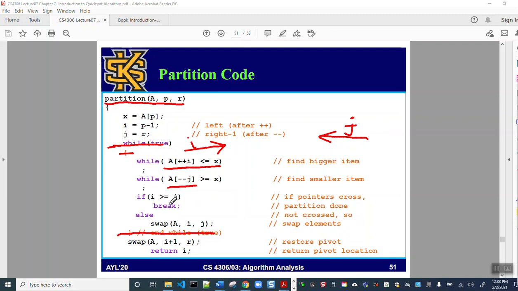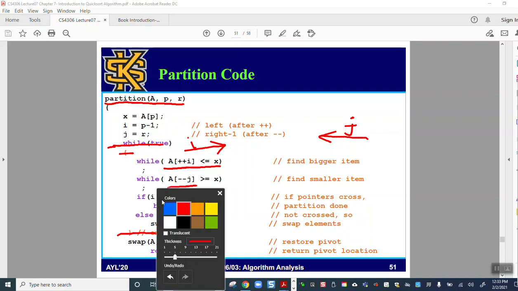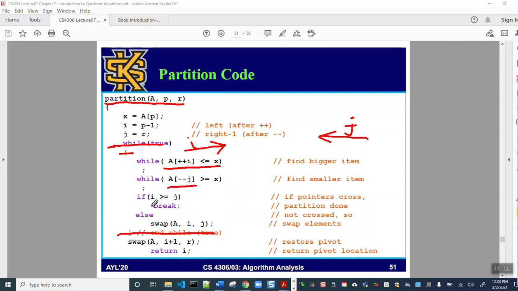We go as long as i is less than j. How do we stop this? As soon as we get i greater than or equal to j. If we do not, then we use a swapping algorithm, and you know that swapping is easy.